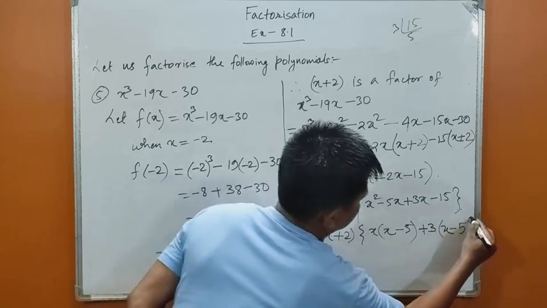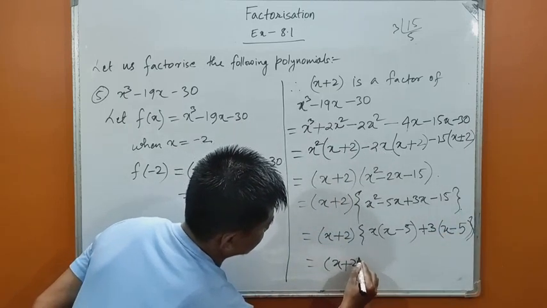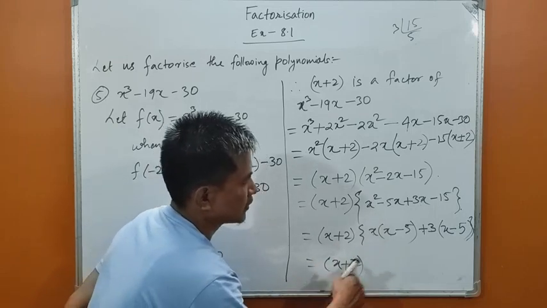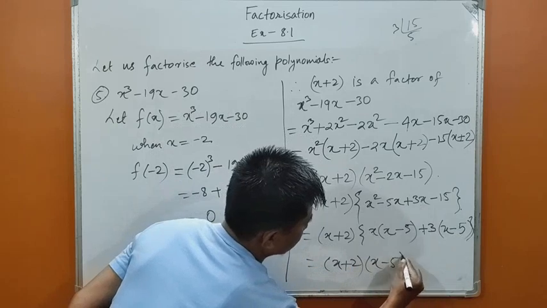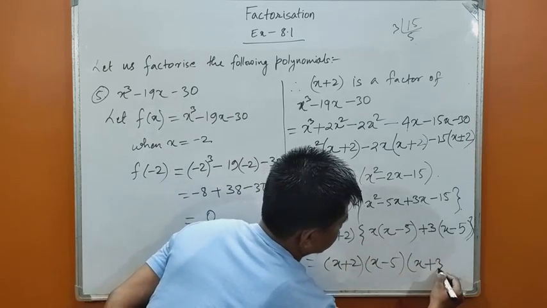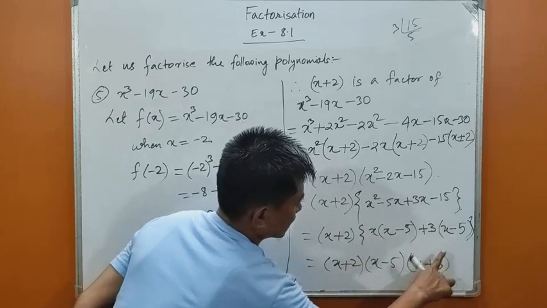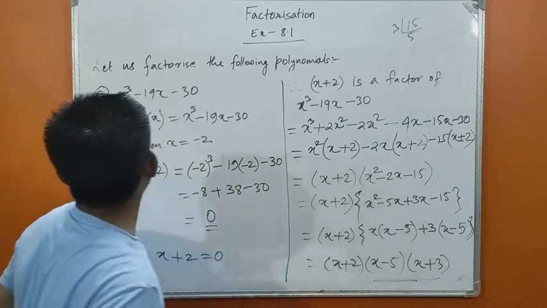Okay, curly bracket closed. Now this x plus 2 remains as it is here. x minus 5 and x minus 5 common, this x plus 3 comes here. Now this is the answer for question number 5.